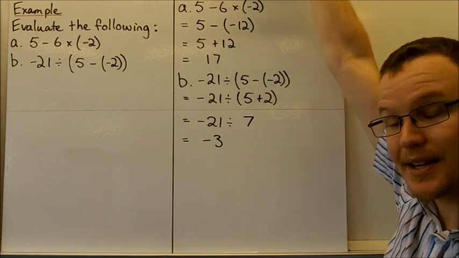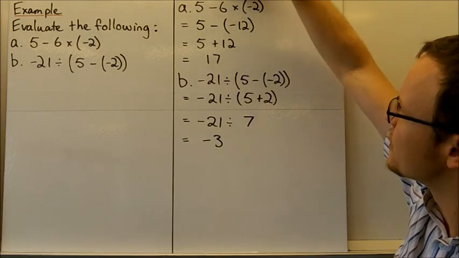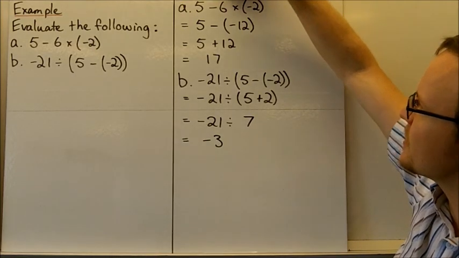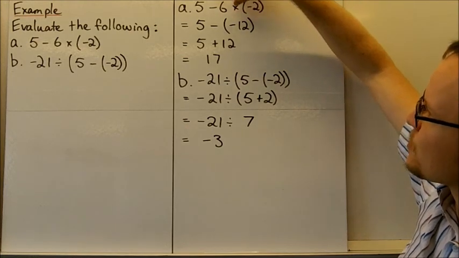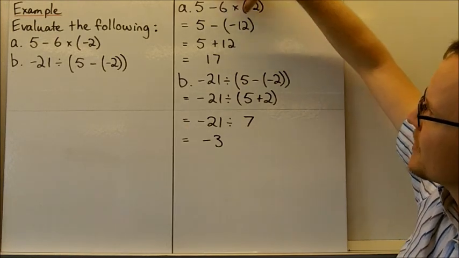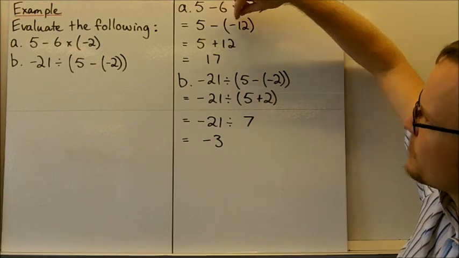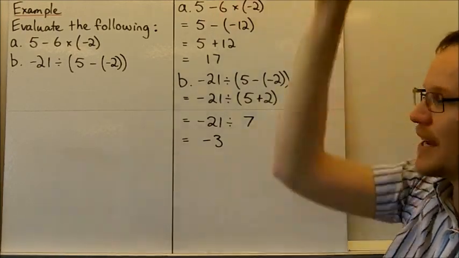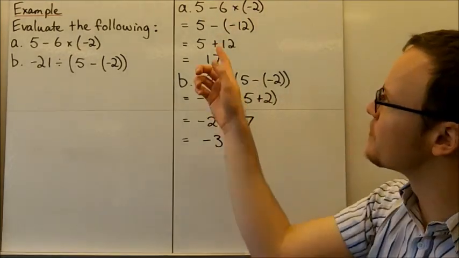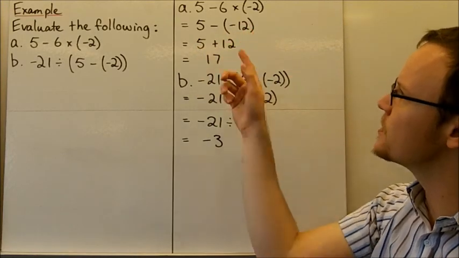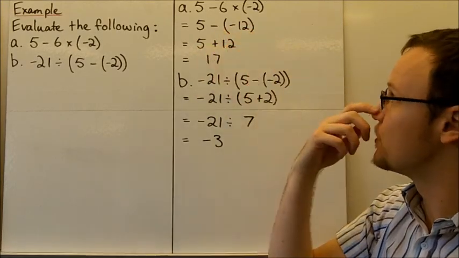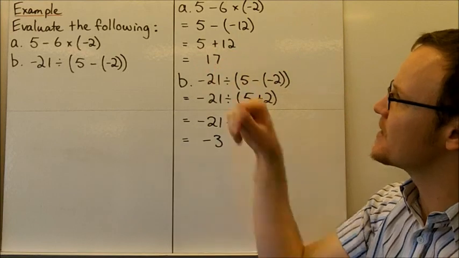That's going to be a negative number because a positive multiplied by a negative is negative, and 6 times 2 is 12. So we've got negative 12. It will be 5 minus negative 12. Subtracting a negative is the same as adding the opposite. So we add 12, 5 plus 12, and that's 17.